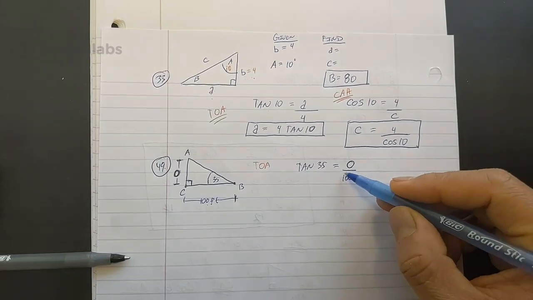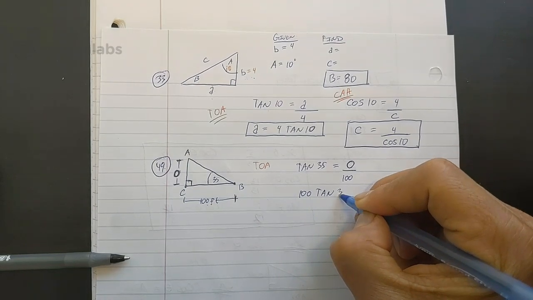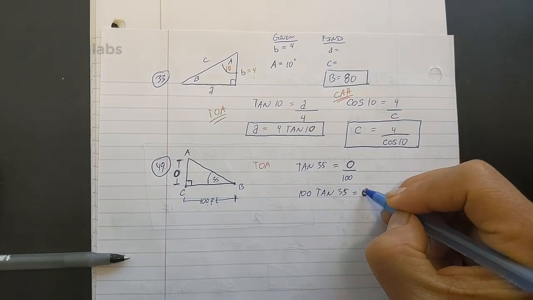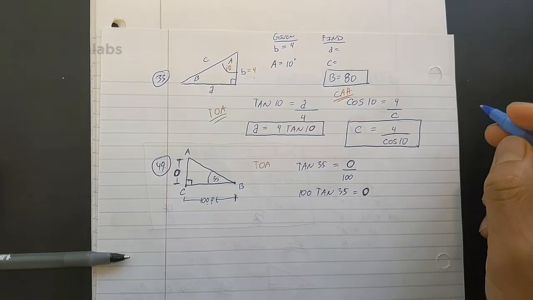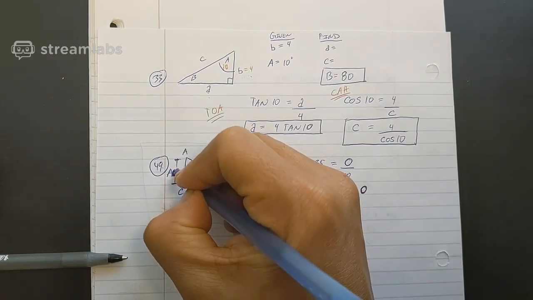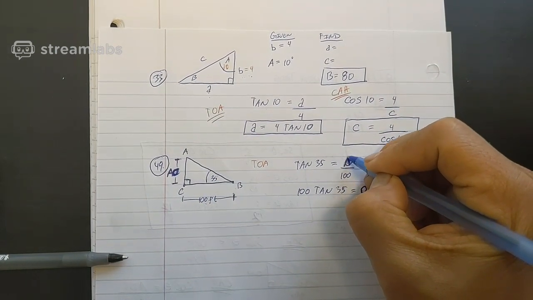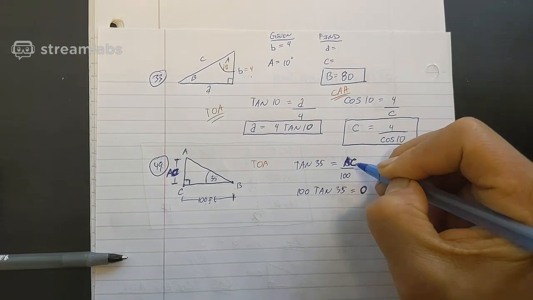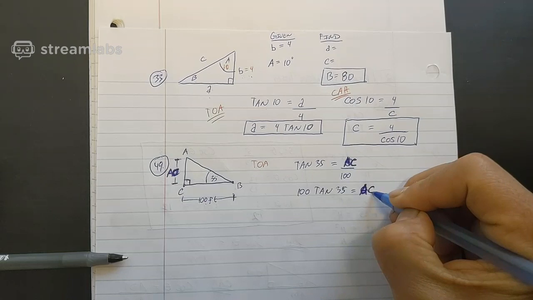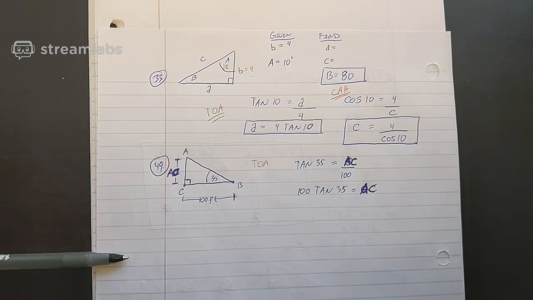All right, and from here we just multiply 100 to both sides. We get 100 times tangent 35, which is equal to O. This is too confusing, we'll just call this AC. So that's what AC is equal to, but they want you to find it in feet.